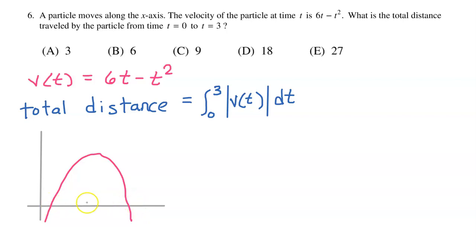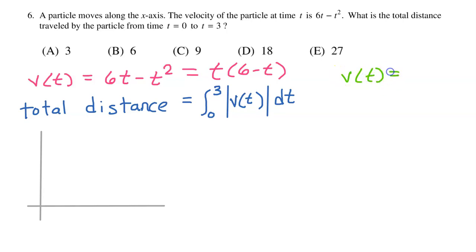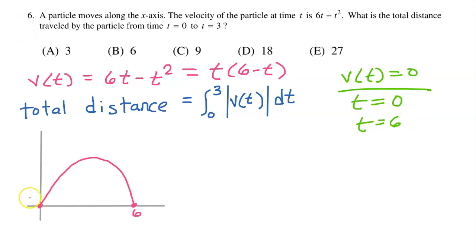Let's add a little bit more precision to it by finding the x-intercepts. Factoring gives us t times 6 minus t. So the velocity function will equal 0 at t equals 0 and t equals 6. These are the x-intercepts. So here is a rough sketch of the velocity curve.